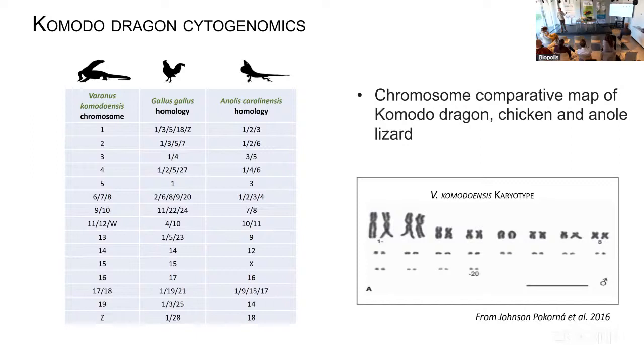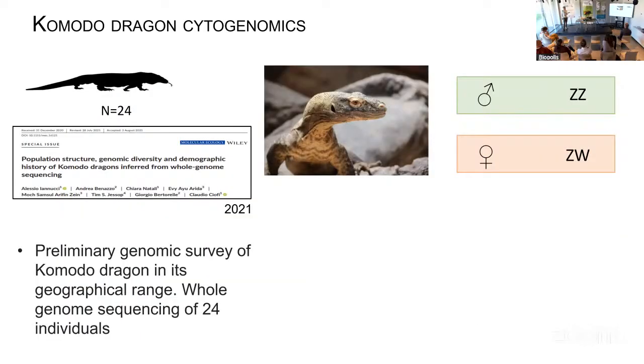Especially, we managed to finally identify the region of the genome which is linked to the Z chromosome. And this was quite useful in our preliminary genomic survey of the species in its biogeographical distribution, because we sequenced 24 individuals with a whole genome sequencing approach.